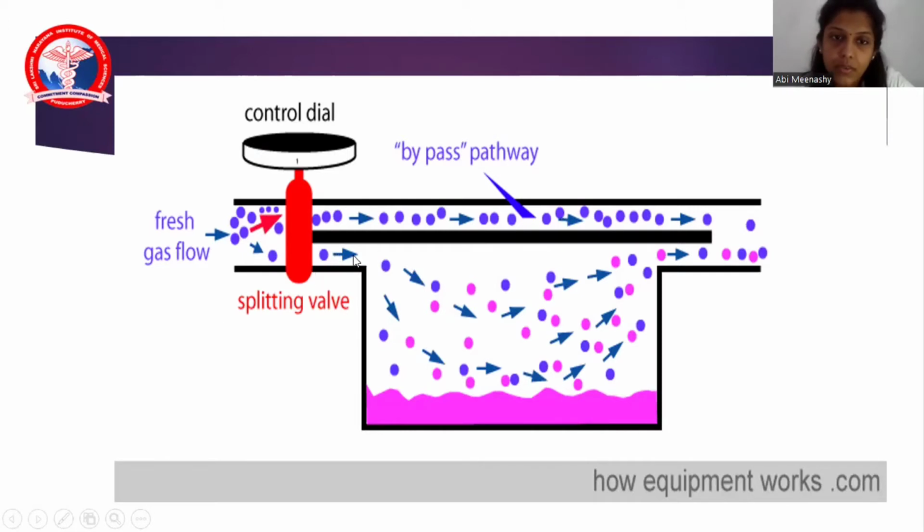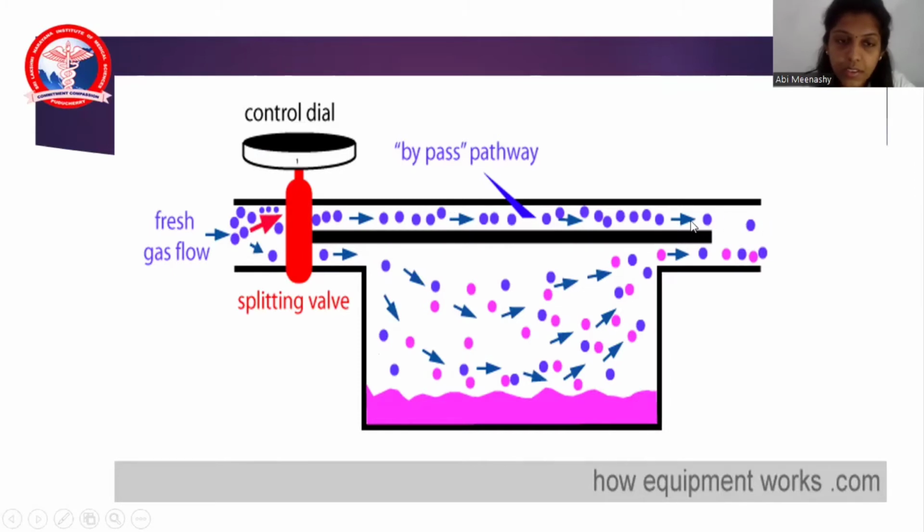Here the fresh gas flow comes like this, flows through your liquid anesthetic agent, and gets saturated. These pink molecules are your liquid anesthetic agent. So I'll just give you a scenario. These violet molecules are nitrous and oxygen. Nitrous and oxygen come like this. In the bypass pathway, they just go unchanged.